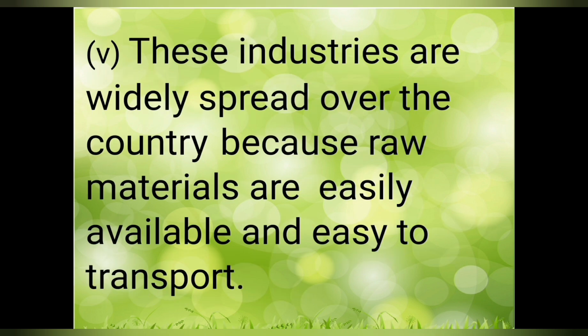The next is very important. These inorganic chemical industries are widely spread over the country because raw materials are easily available and easy to transport. If any question comes, why are inorganic industries widely spread over the country, you can write that raw materials are easily available and easy to transport. That's why they are widely spread over the country.